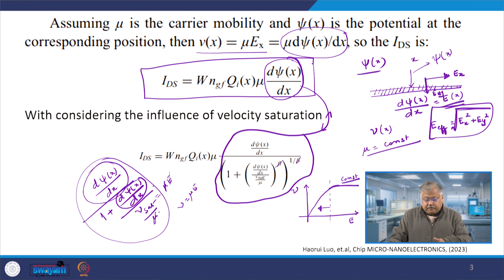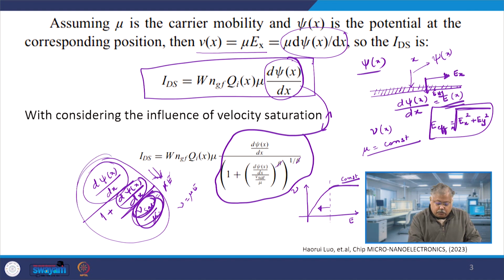And depending on the value of Vsat, which is the saturation velocity, you see, quite interestingly, if the saturation velocity becomes very high, which means that this quantity becomes very large, it primarily means that the denominator becomes very large, which effectively means this becomes very small, and therefore this component becomes very large.